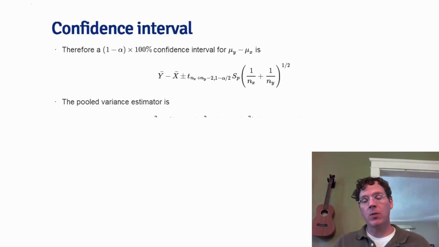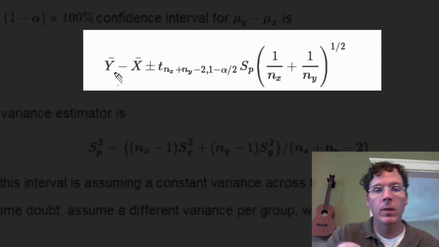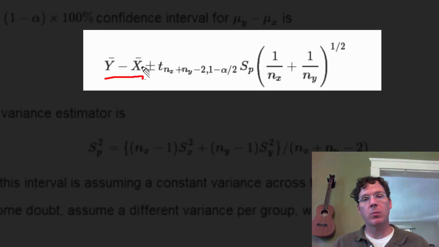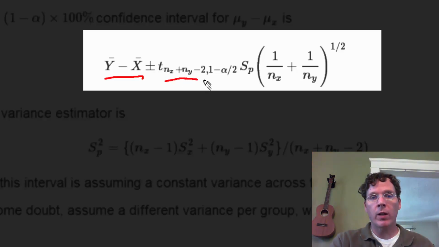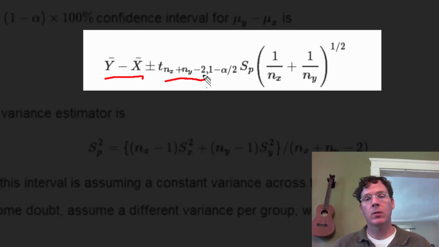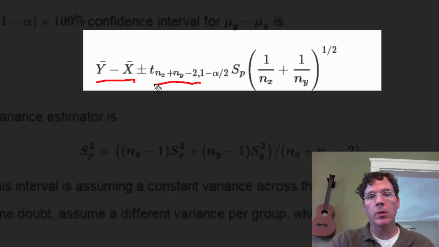The standard confidence interval in this case is y bar minus x bar, the average in one group minus the average in another group, times the relevant t quantile, where the degrees of freedom are a little bit hard.